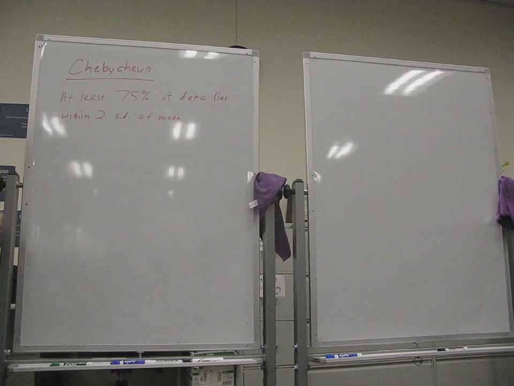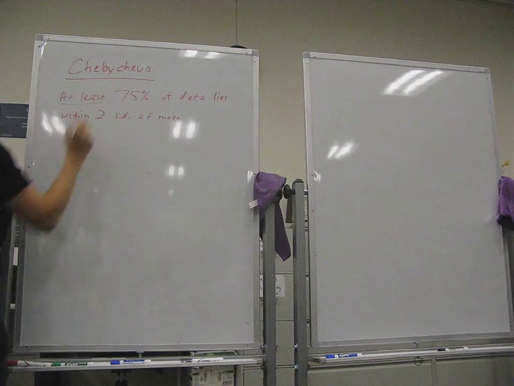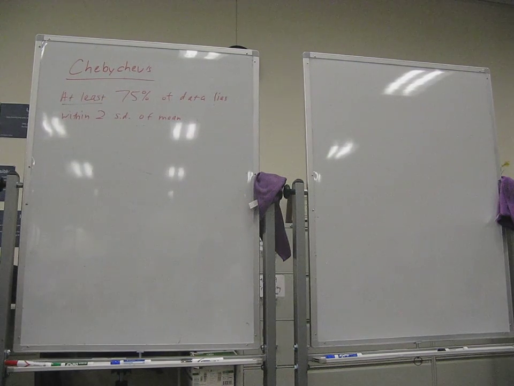And that's at least. Please note the at least. Often more, almost always more, but the very worst you can do is 75%. Very often you'll get more like 95%.